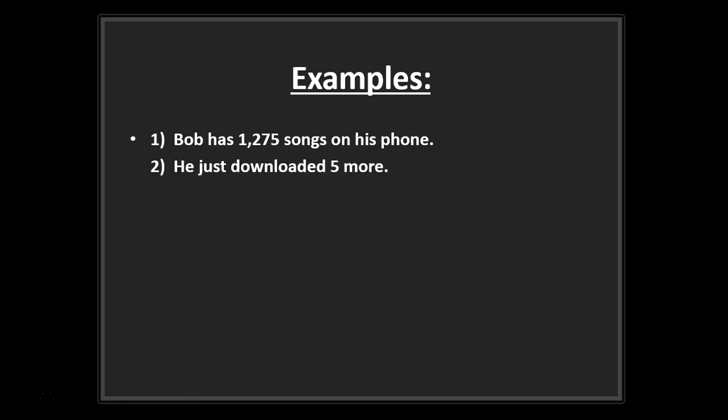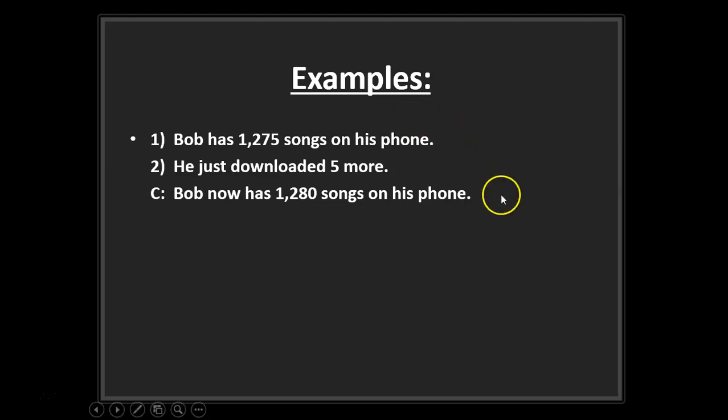He just downloaded 5 more. Bob now has 1,280 songs on his phone, right? It's mathematical. If there's some dude named Bob with that many songs on his phone and he downloads 5 more, if these are true, it necessarily has to be true that he now has 1,280 songs on his phone.